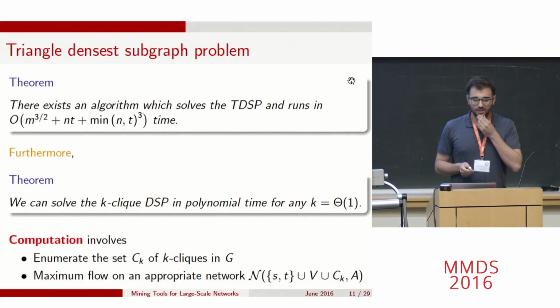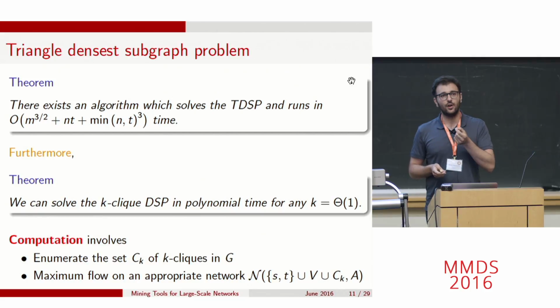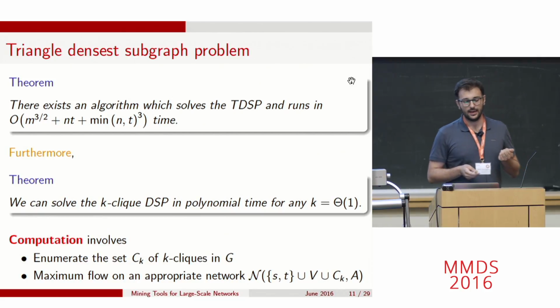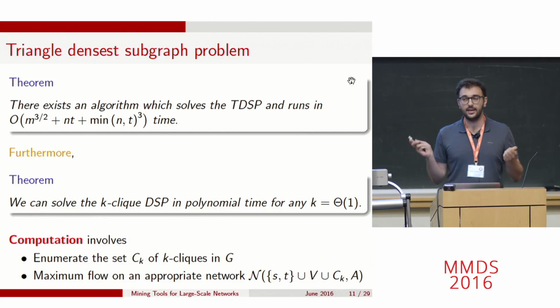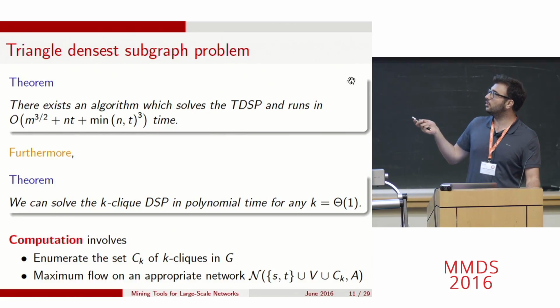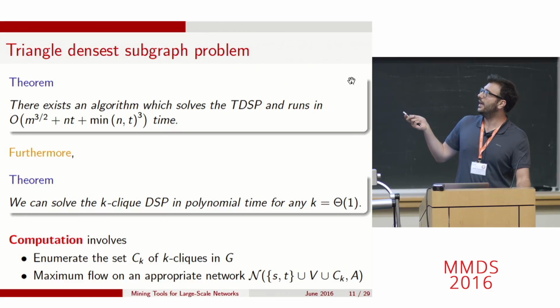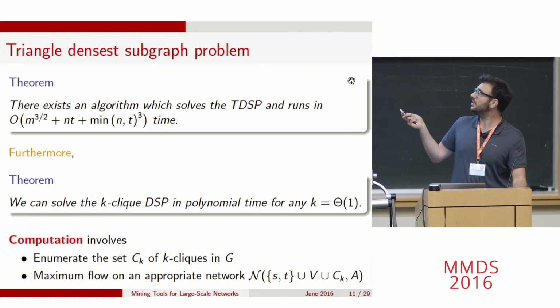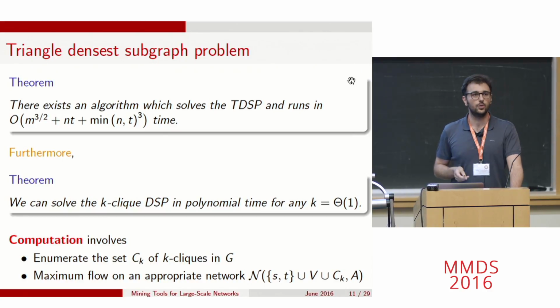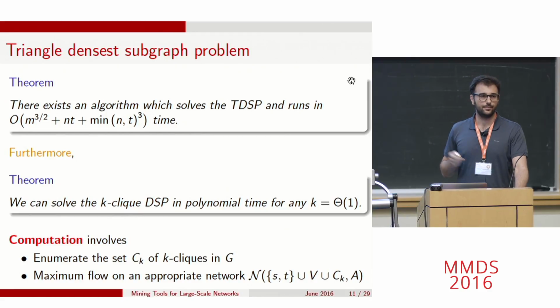So here is the first theorem. We can solve the triangle densest subgraph problem in polynomial time, and specifically the algorithm that I have in the paper runs in time m to the 3/2, where m is the number of edges, n is the number of nodes, t is the number of triangles, plus the minimum of these two quantities raised to the cube.